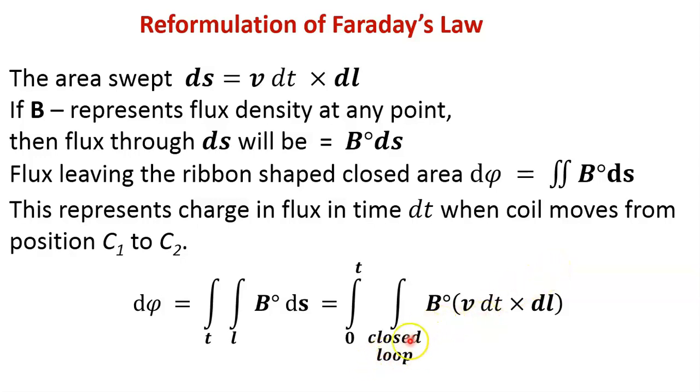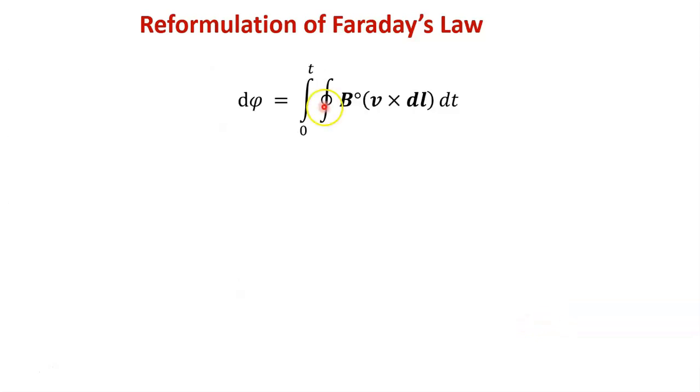So the second integration, the inner integration, has to be performed over a closed loop, and that is represented by variable dl bar. Now the integration over a closed contour can be represented by integration over a circle, that is, integration over a closed loop. And what we are doing here is differentiating this equation on both sides with respect to time.